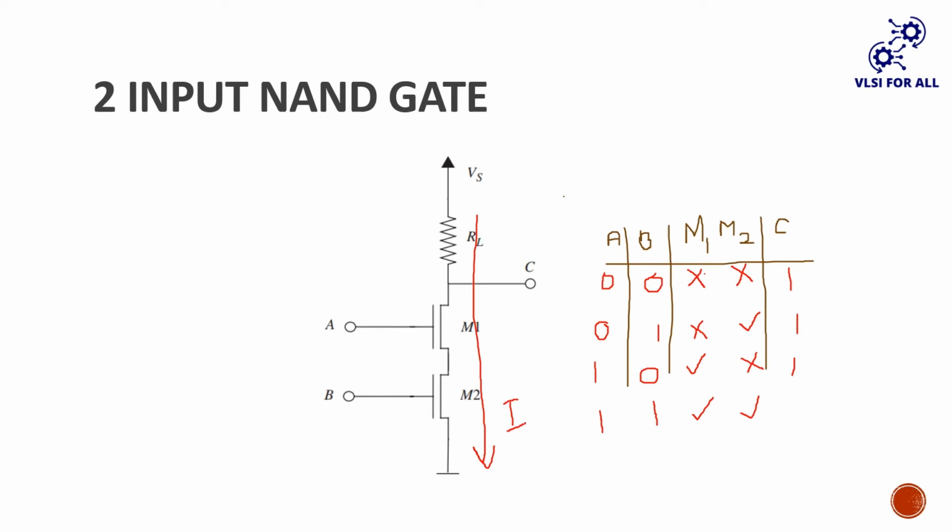As we are assuming switch model, the switch acts like an on switch only, short circuit only. So this is short circuit, this is short circuit. Then guys, you are measuring the output across short circuit only. Hence, output voltage is 0 only.